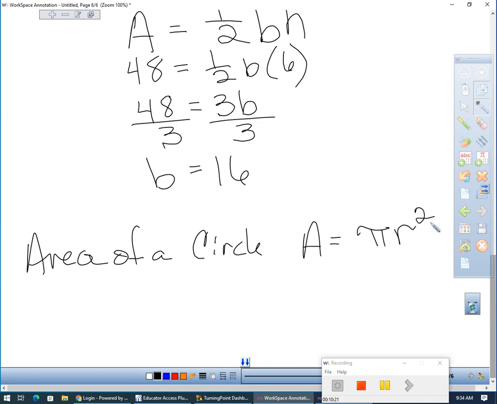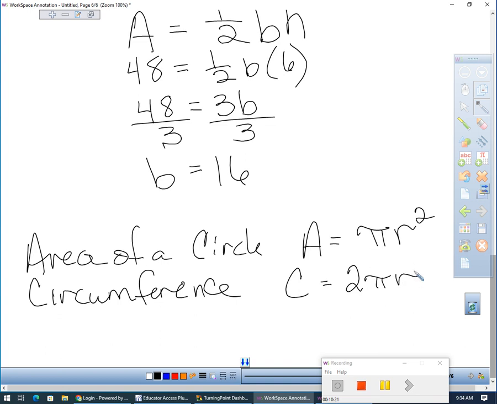Pi r squared. How about the circumference? Two pi r. All right. You may need those on your homework.